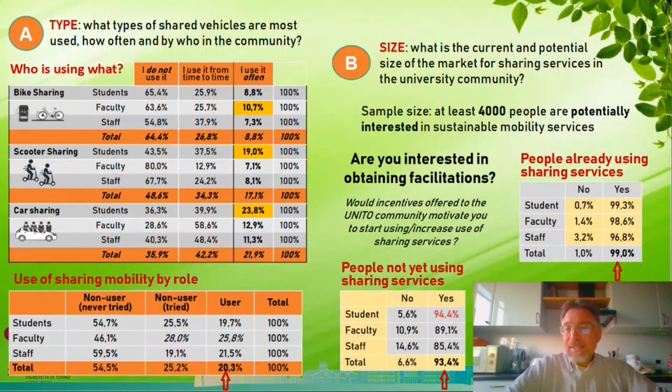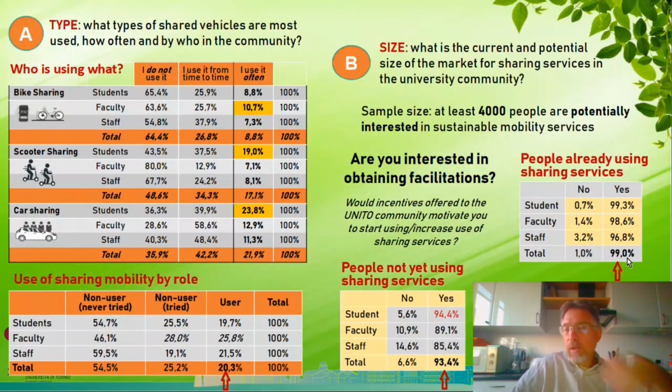Moving to the size of the potential market inside the community for sharing services, of course, the 4,000 people who answered the questionnaire were all potentially interested. If you're not interested at all, you wouldn't have answered at all as well. This is confirmed by the 2 tables here, where you have the percentage of people using services who are interested in facilitation and incentives by UNITO.